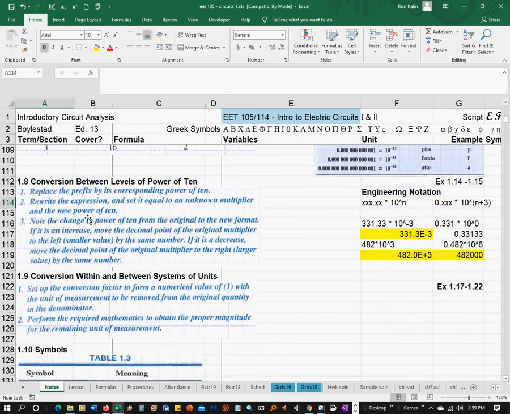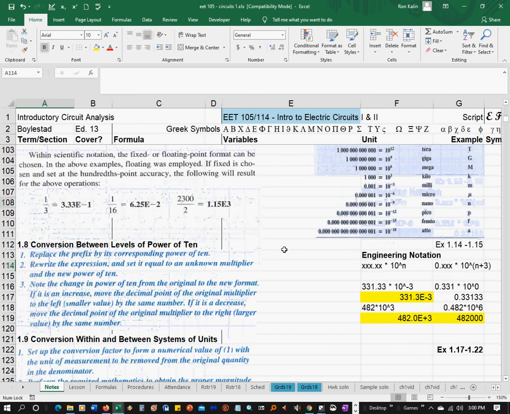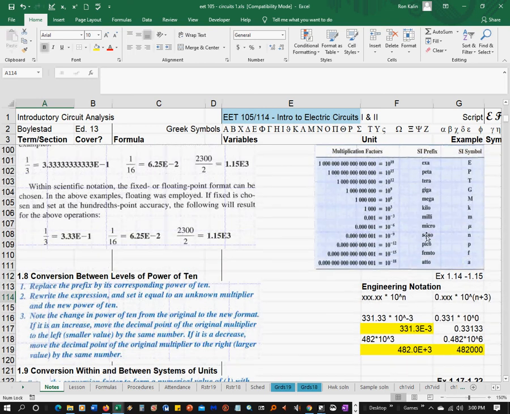Conversion between levels of power of 10. Replace the prefix by its corresponding power of 10. The prefix would be this, or this symbol. Rewrite the expression, set it equal to an unknown multiplier or a new power of 10. Note the change in the power of 10 from the original to the new format.